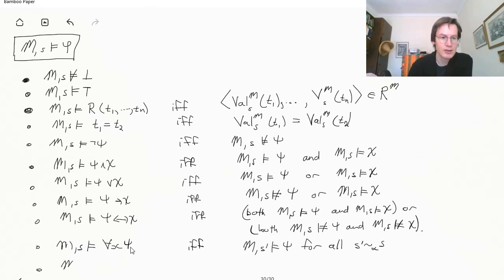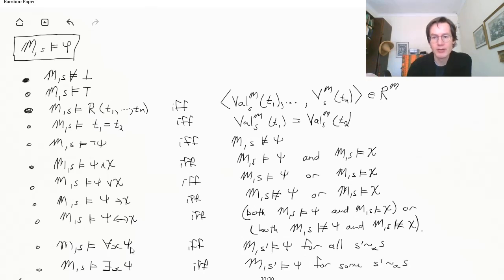So all that remains now is the existential quantifier, right? And so you can guess how we will define that. We're going to say this is going to be the case if and only if for some S prime, which is an x variant of S, psi is satisfied. And this makes sense given our intuition about what an existentially quantified formula should be saying.